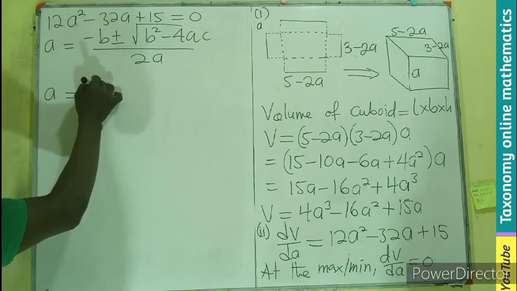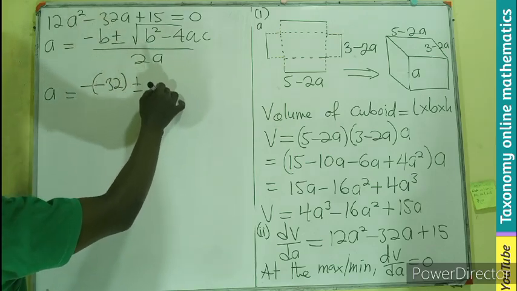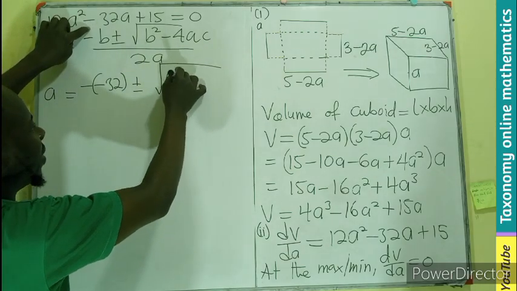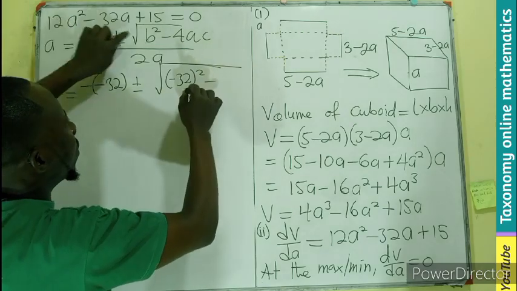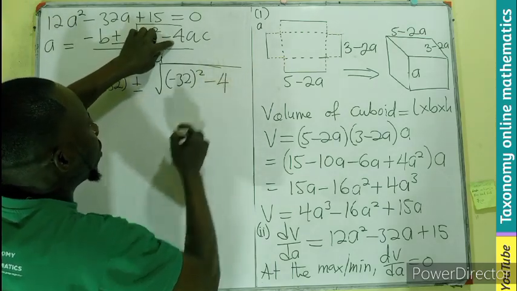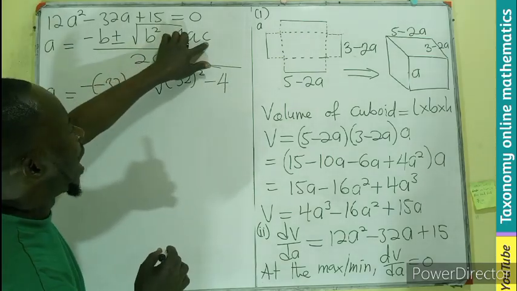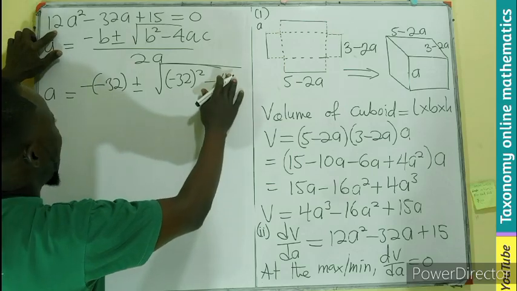So a equals, b will be this, so negative negative 32, which is 32 positive, plus or minus the root of b, which is going to be negative 32 all squared, minus 4a, which will be 12. Then we have this. So let's say 4 times 12, that will be 48, right?